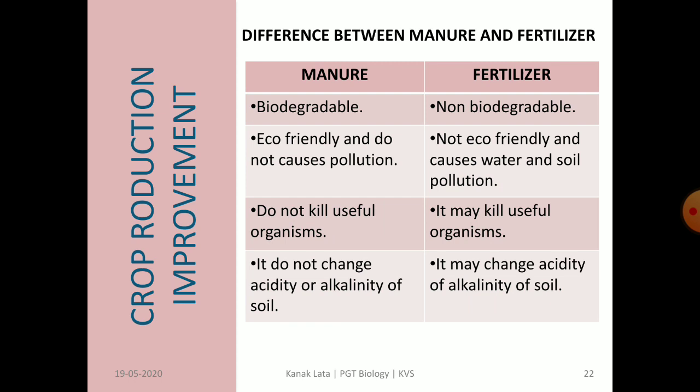Fertilizer may kill useful organisms. Manure does not change the acidity or alkalinity of soil, whereas fertilizer can change the acidity or alkalinity of the soil. So you have seen that there are a lot of differences between manure and fertilizer. There are some advantages and disadvantages of both. Meanwhile, manure is better than fertilizer.